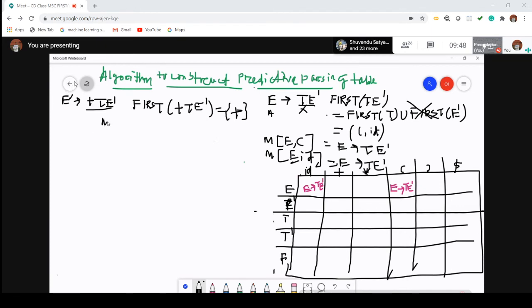In the position of A, the value of A is E dash and small a equals plus. I have to put the production E dash to plus T E dash. Now come to E dash: in the place of plus, I have to put this production E dash to plus T E dash.